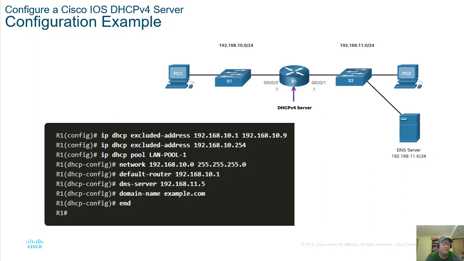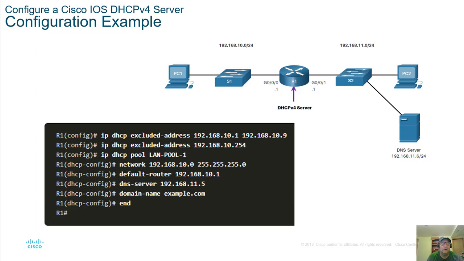It has a default router. The default gateway value would be the router interface, which would be 10.1. And the DNS server, which is on another network, and that's fine. That's very normal. 192.168.11.5, you've identified each one of those. And in this case, they've also added the domain name to append, example.com.